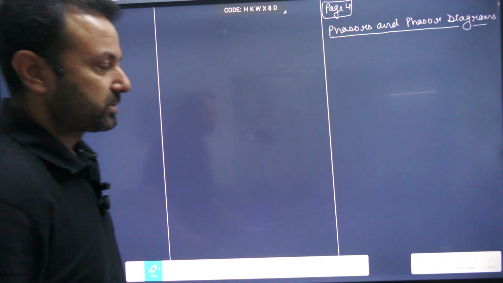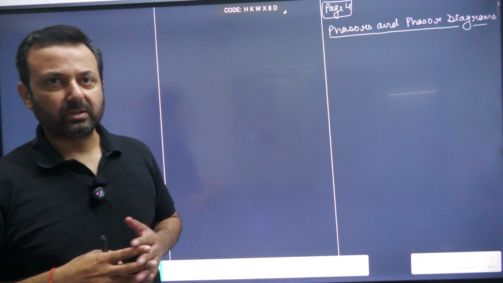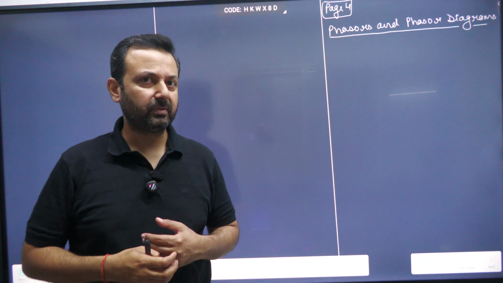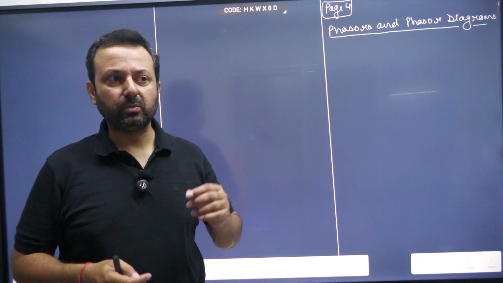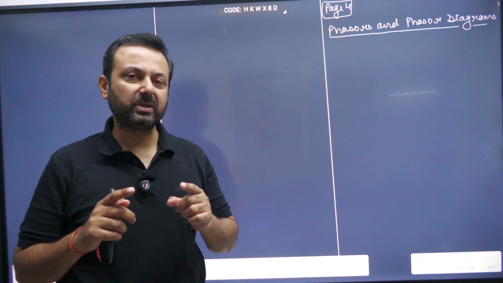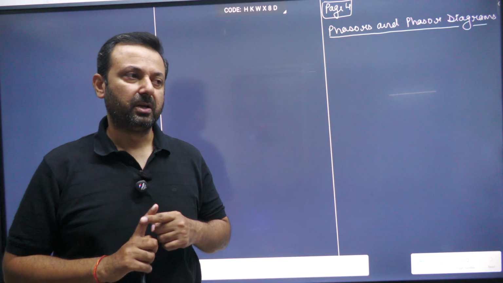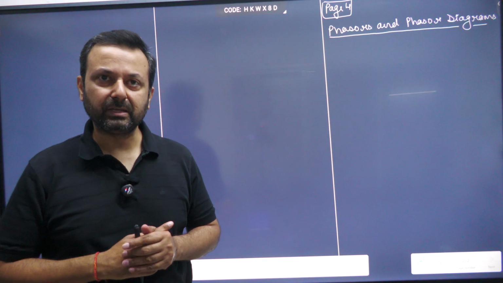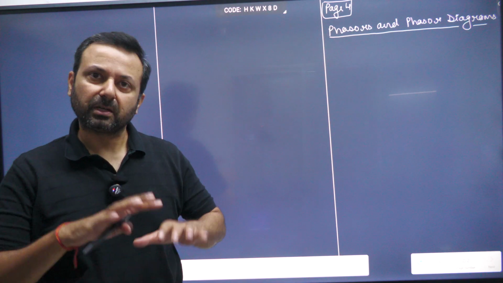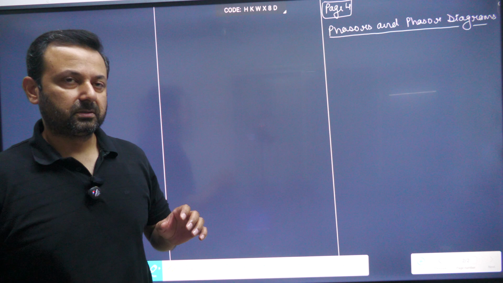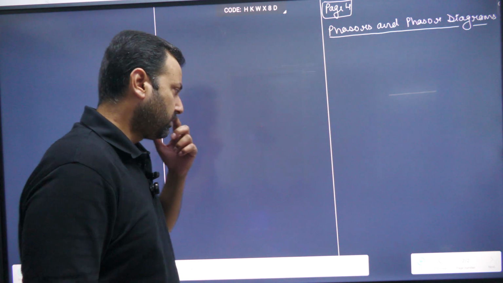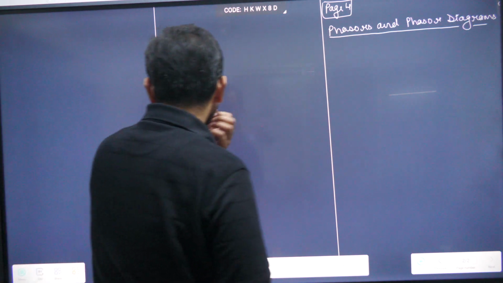Phasors and phasor diagrams. So this is basically to understand what a phasor and a phasor diagram are. This is basically to establish a relationship between an AC wave and a circular plane. So how can we do this? Just do one thing.